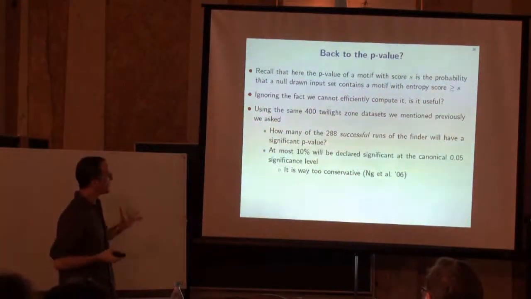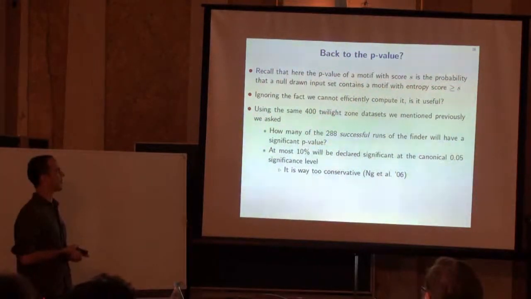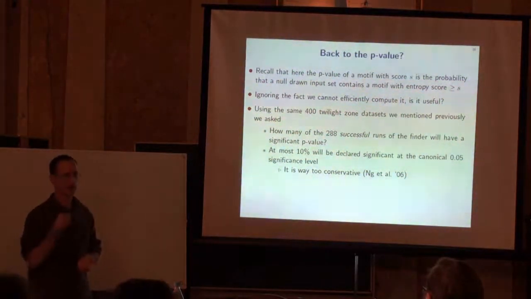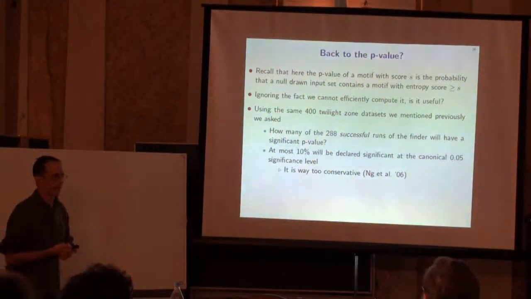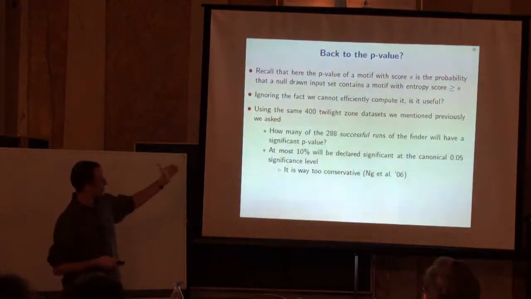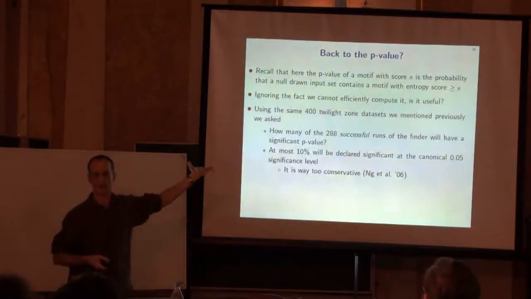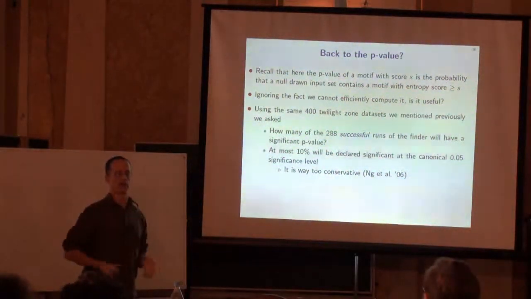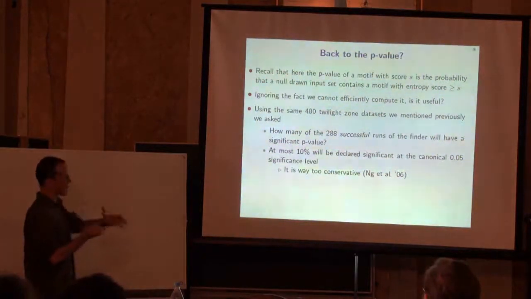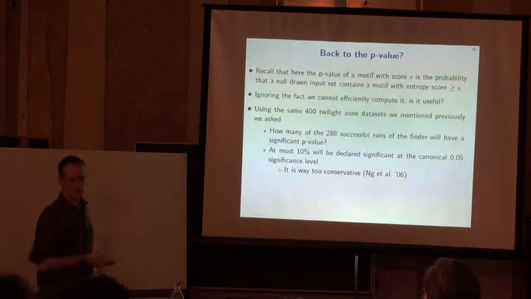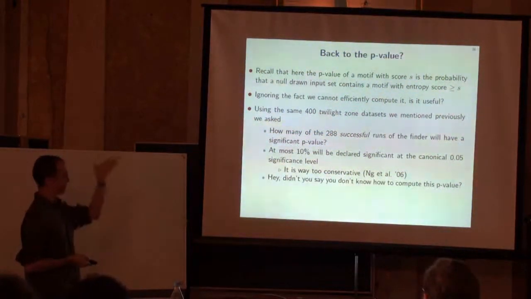It turns out that at most 10% of these successful runs will be declared significant at the canonical 0.05 significance level. Remember that you would like as many of these 288 as possible to be declared significant, because I know the implant, I know these are successful runs. I just want to know, can it be declared significant? And only 10% would be. So that's way too conservative, using the p-value.